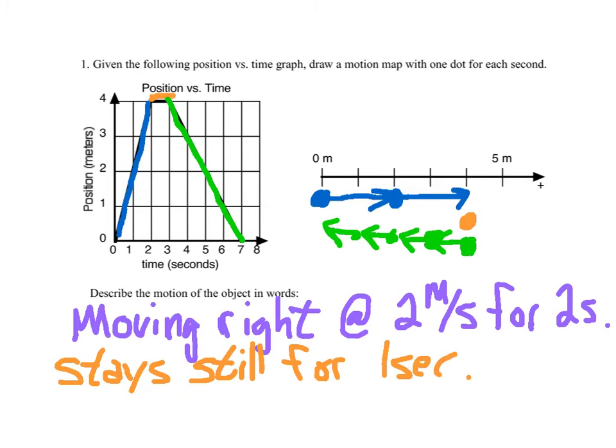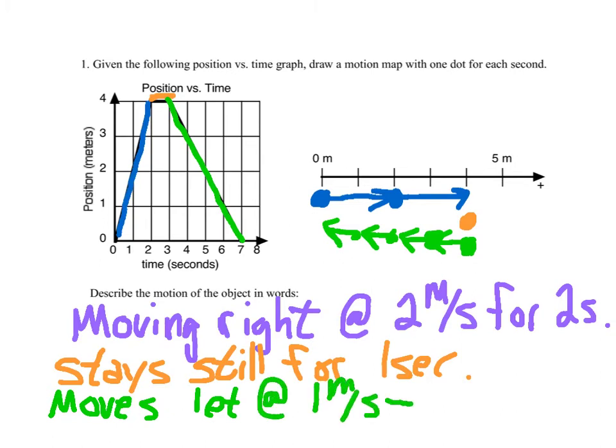And then finally, it moves left at 1 meter per second for a total of 4 seconds. And now I have 3 different representations of the same motion: my graphical representation, my motion map representation, and my description of the motion in words.